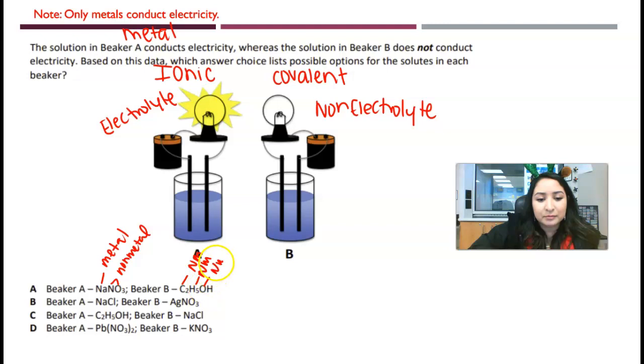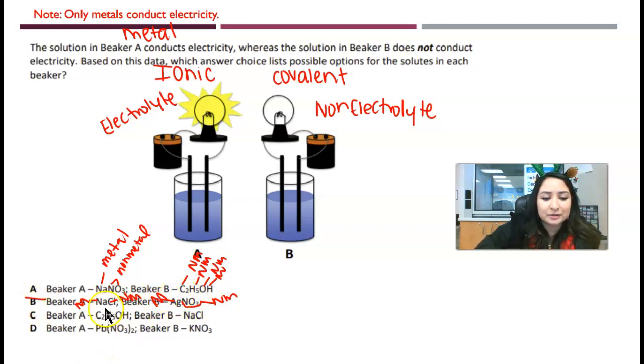O, non-metal. H is non-metal. So this is made up of a bunch of non-metals. So this A looks like it could be our answer. Sodium's a metal. Cl's a non-metal. So that's ionic. B, Ag is a metal. N and O together are both non-metals. So this is also ionic. So here we have both of them ionic.